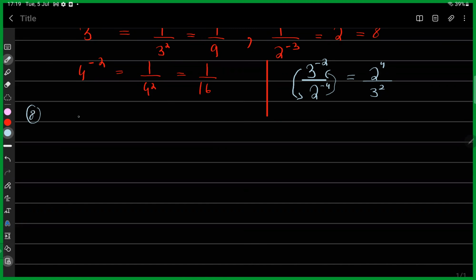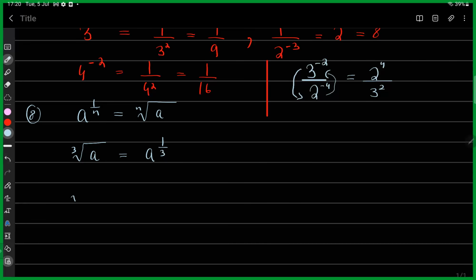So if you have a power 1 by n, you can think about it this way. For example, we have been talking about the cube roots and the square roots. So if I talk about the cube root of a number, let's say the number is a, I can write it as a power 1 by 3.